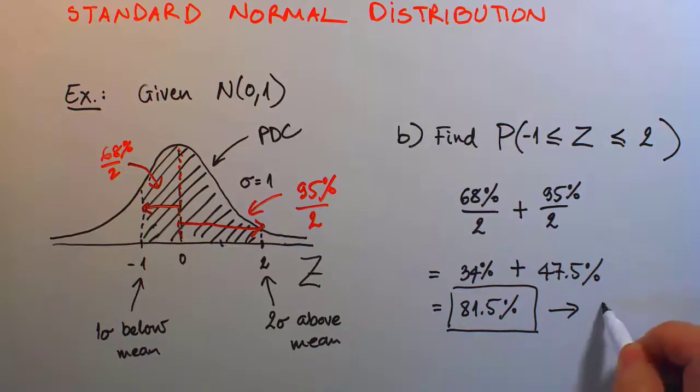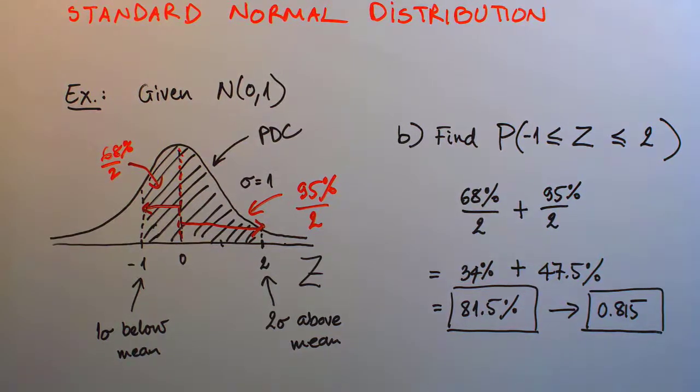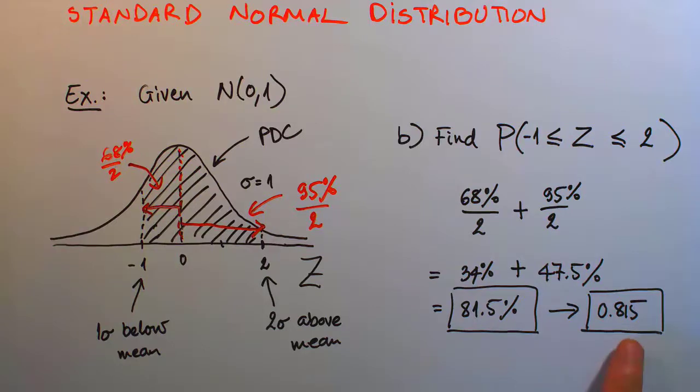And so here we're looking at 0.815. A lot of professors and even a lot of online homework assignments are going to be looking for that form instead of 81.5. Even though writing your final answer as a percentage is not incorrect, it's more preferable that we write the final answer as 0.815.